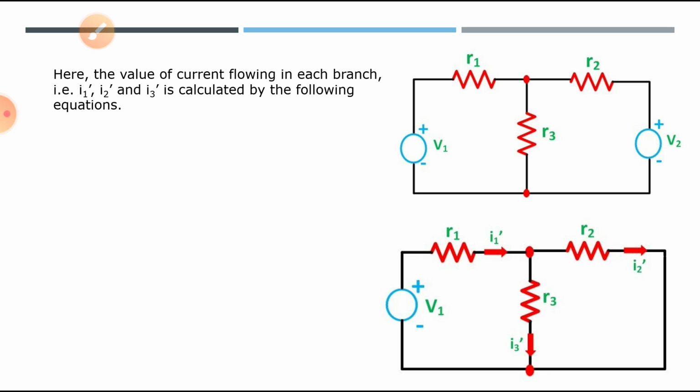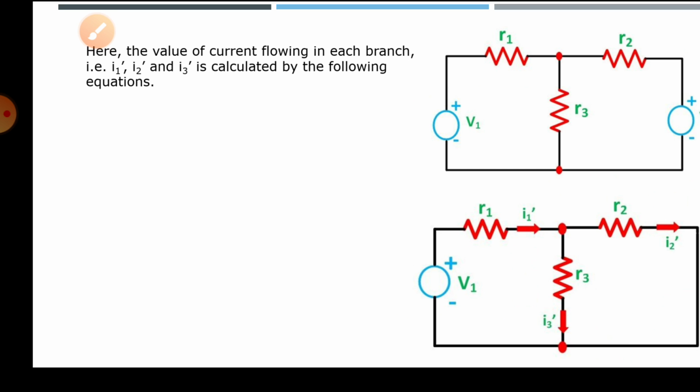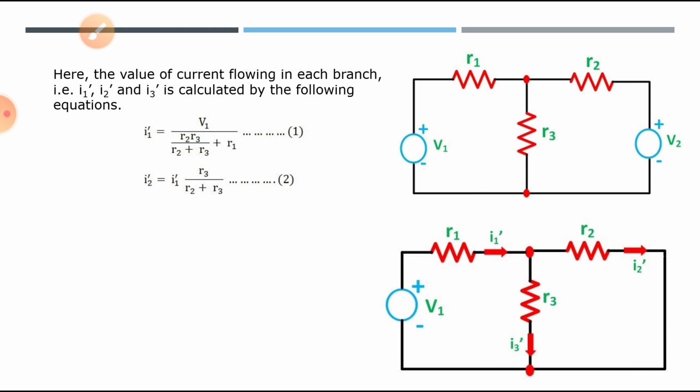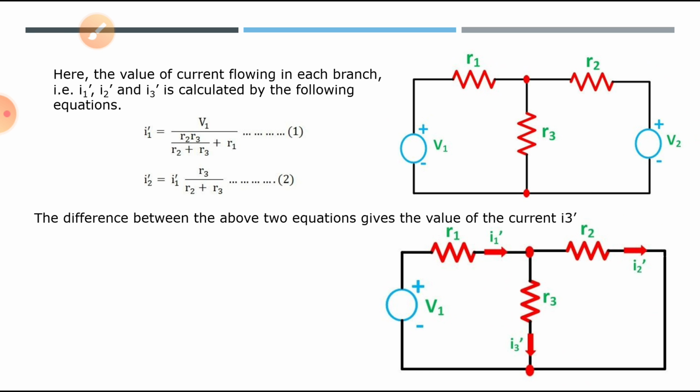We are very familiar with the simplification of networks. So, whatever we calculated, we calculated the I2, I3 dash currents now in the first case. Now, we calculated I1 dash based on our basic knowledge, and I2 dash we calculated, and I3 dash also.